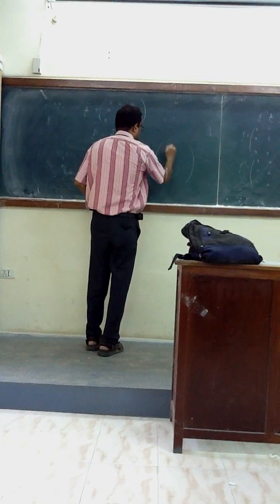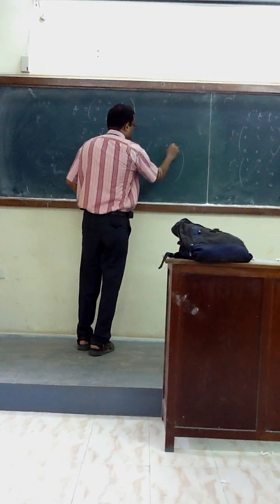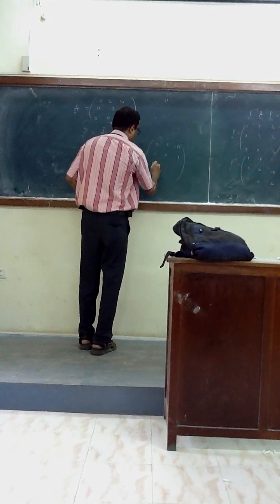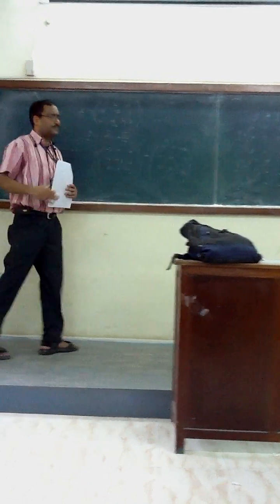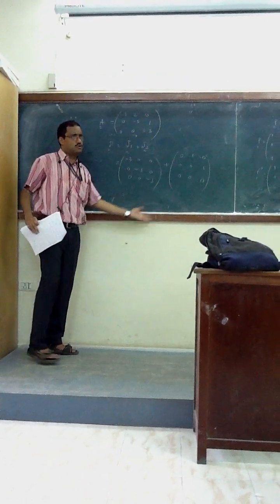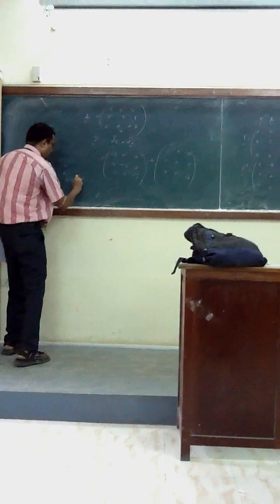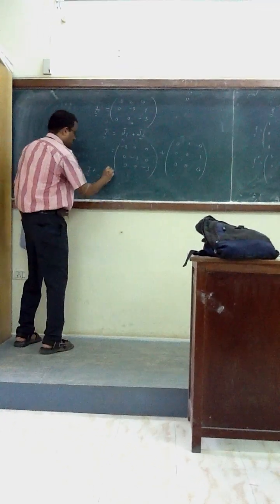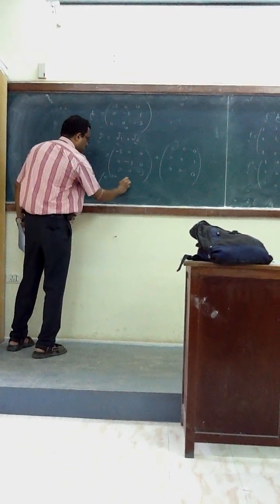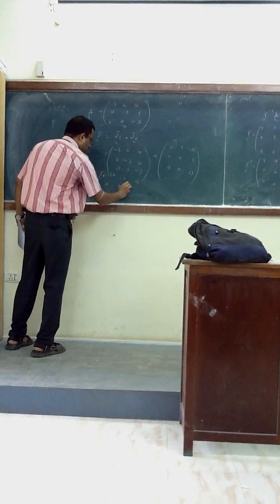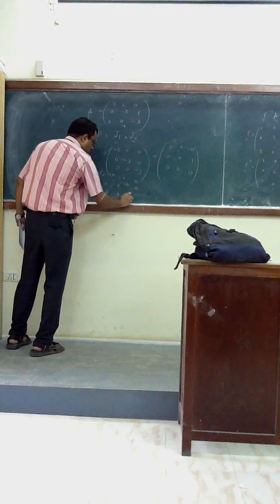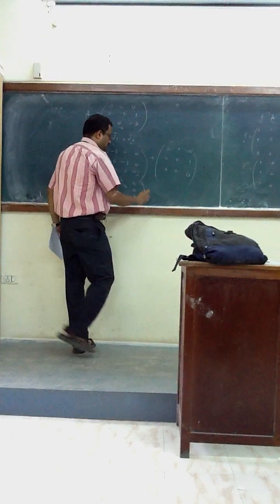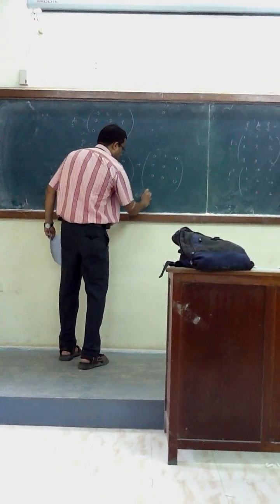J2 is 0 1 0, 0 0 1 and 0 0 0. Am I correct? And this we have seen earlier, they commute. So e to the power Jt is nothing but e to the power -3t on the diagonal times e to the power J2t.